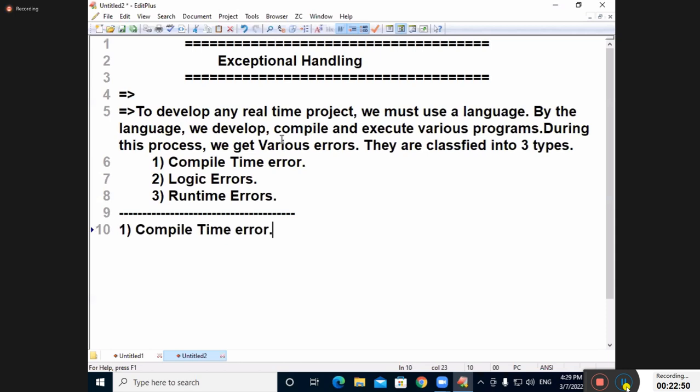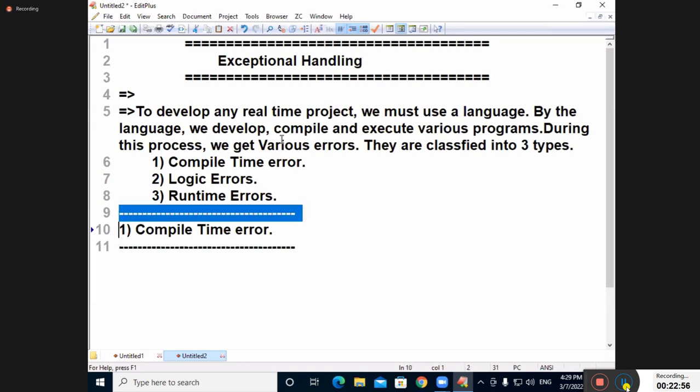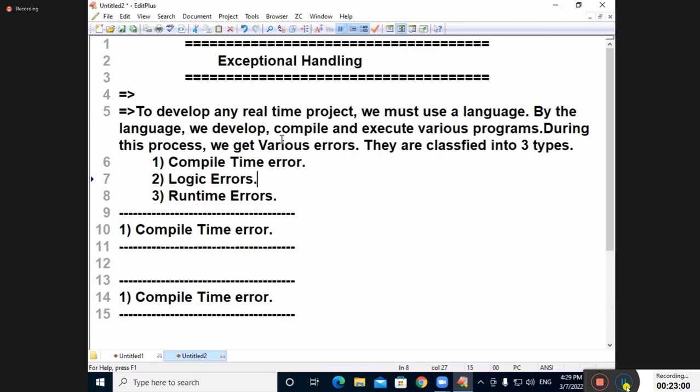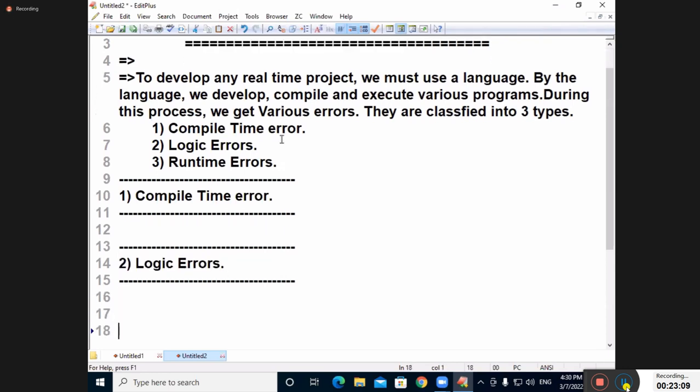First, I will talk about compile time errors. I will explain what a compile time error is. Next, I will explain logical errors. Next, I will explain runtime errors, the third one. Fine.